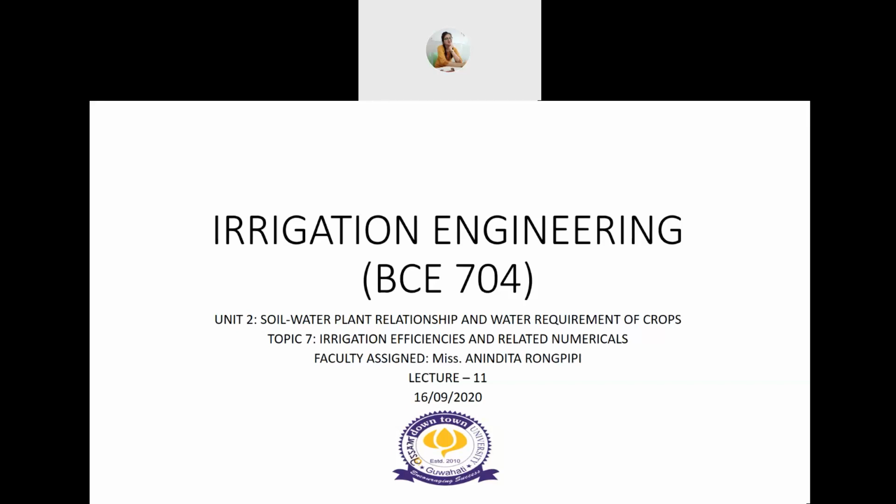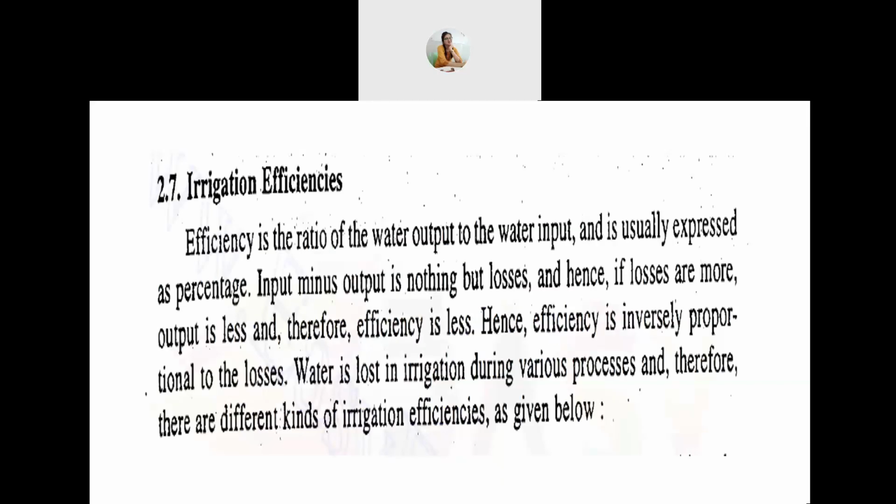Related to irrigation efficiencies. So first we should know what is irrigation efficiency. Efficiency is the ratio of the water output to the water input, and it is usually expressed as a percentage.